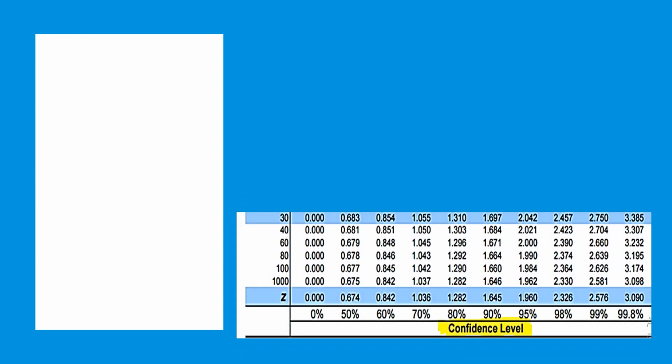Kung halimbawa, ang desired confidence level naman ay 90%, ano naman ang confidence coefficient? So, hanapin natin sa ibaba ang 90% at ang katapat ng value ay 1.645 para sa 90% confidence level.